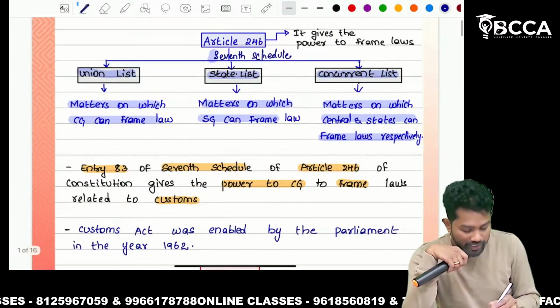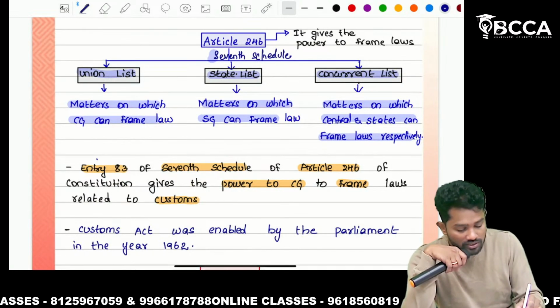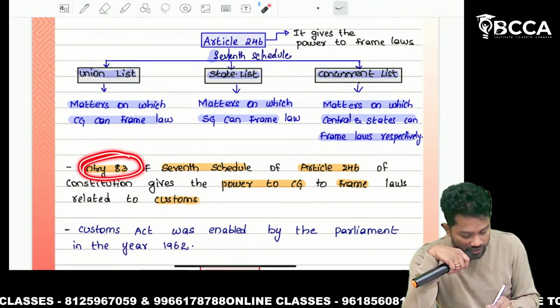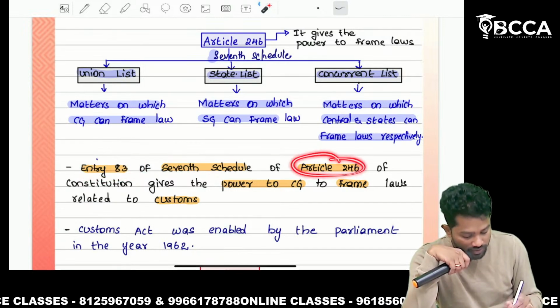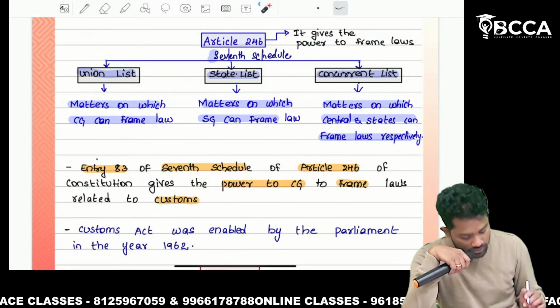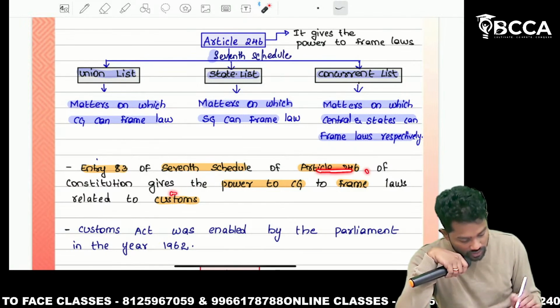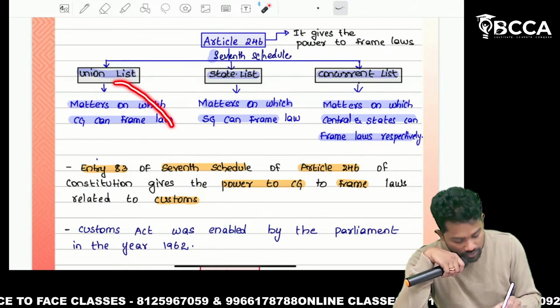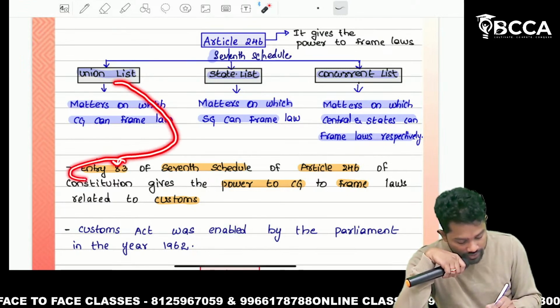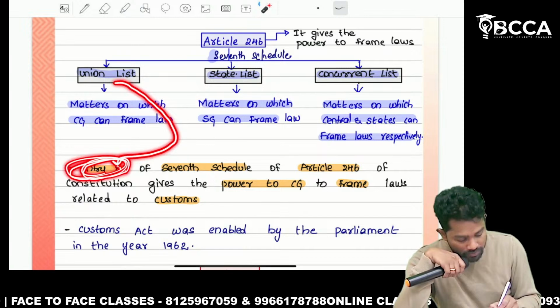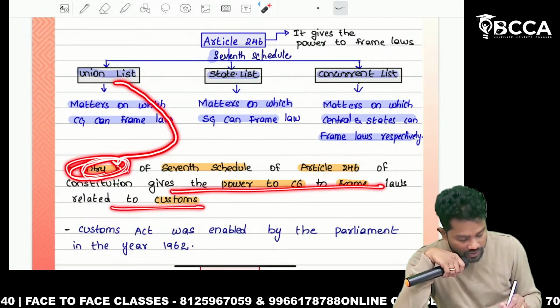Okay. So now, entry 83 of the 7th schedule of Article 246 of the Constitution, that is also the union list. From this union list, entry 83 gives the power to frame laws related to customs.